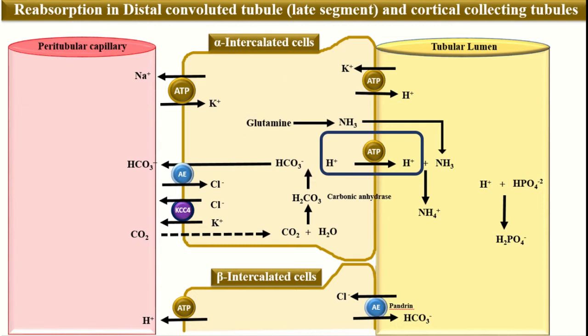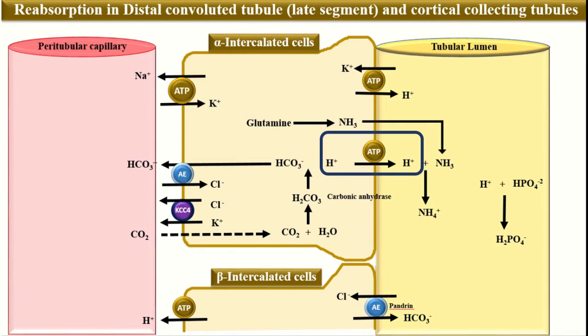So it is going to retain more and more sodium inside the body, and thus more and more water is reabsorbed, leading to increase in blood pressure and the development of hypertension. Similarly, it is also going to increase the secretion of potassium, or loss of potassium from the body, leading to hypokalemia. And third, it is also going to cause loss of hydrogen ions from the body, leading to alkalosis.